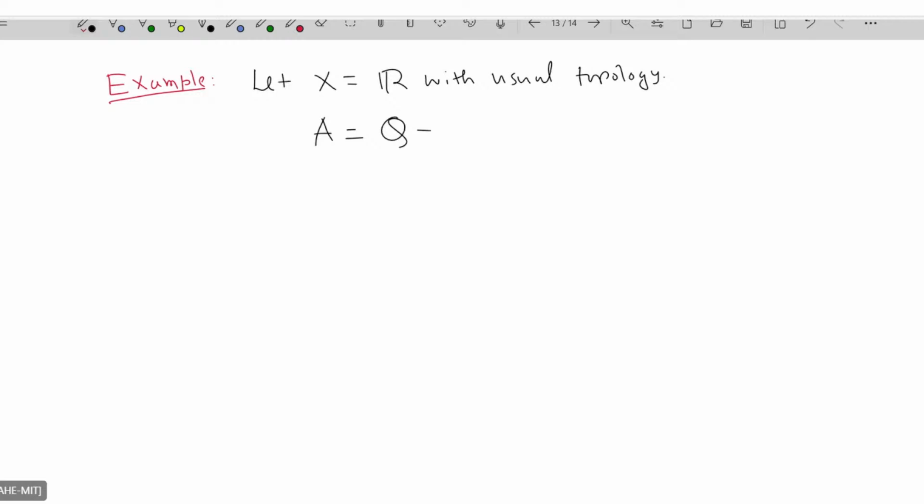Can we write Q as a countable union of nowhere dense sets? Obviously, we can, because we will take singletons. Singletons are nowhere dense sets, and Q is a countable set. So this implies Q is a set of first category. In fact, any countable set is of first category or meager in R with the usual topology.